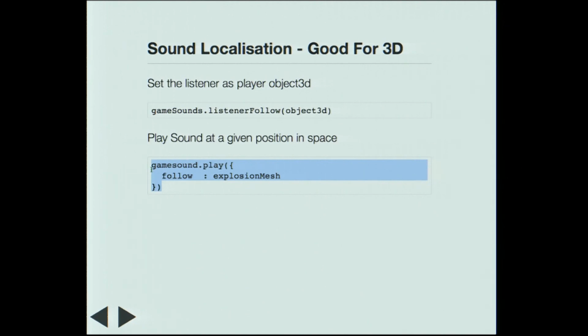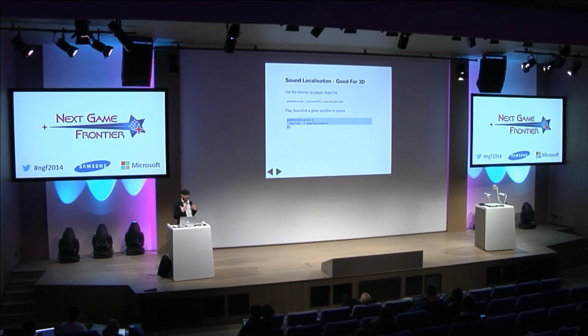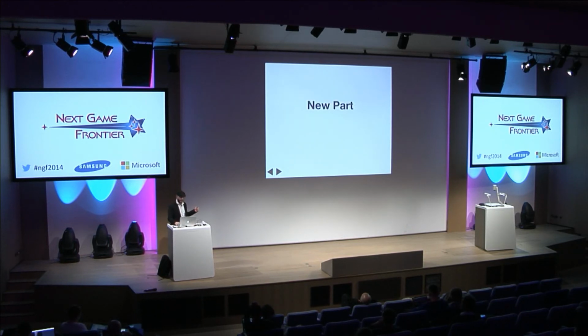For example, with my wonderful explanation of a car passing by you: the character is the listener, and the game sound will play inside the car. So the game sound will follow the car itself and will produce this wonderful Doppler effect. Yeah, I like to say that.